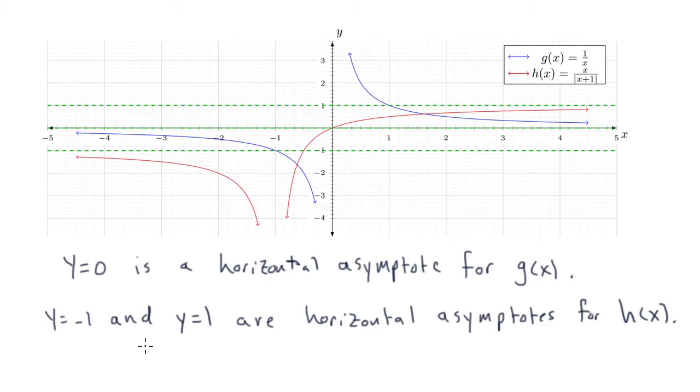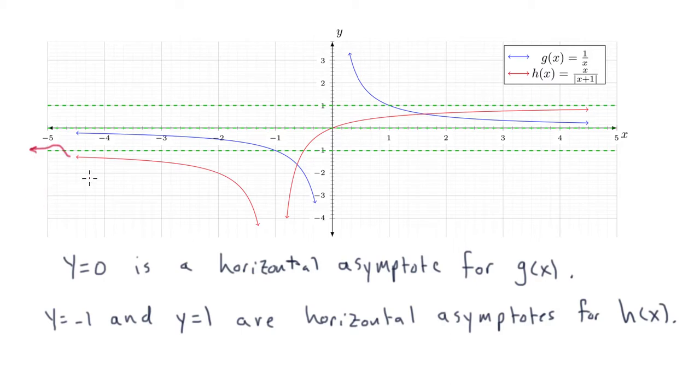And I get asked this question a lot when I teach this, whether or not a function is allowed to cross a horizontal asymptote. So for instance, if this function here, so it's leveling off to this dotted green line, would it ever be okay for it to maybe come up and then level off or something like that?